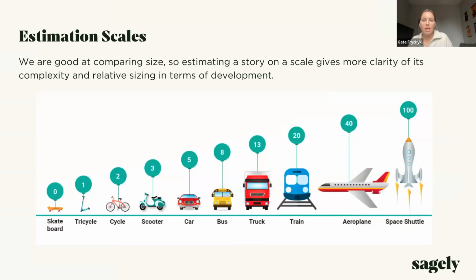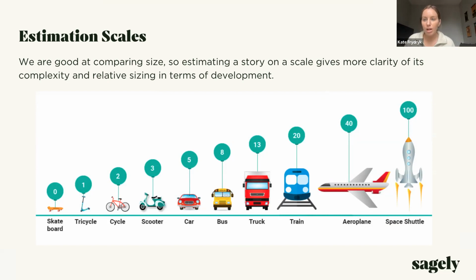So we'll typically use a scale. Like I said, this is all relative. So scales are good at helping us compare sizes. Estimating a story on a scale helps to give more clarity to its complexity and relative sizing in terms of development. So we always want to be thinking of scales. And for this one, we're using a Fibonacci scale, which I think is probably the industry standard for estimating within Agile.